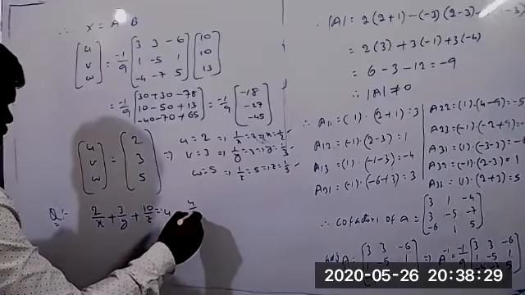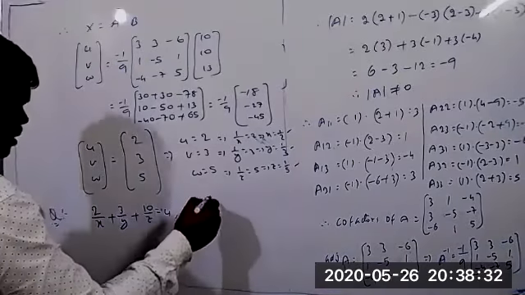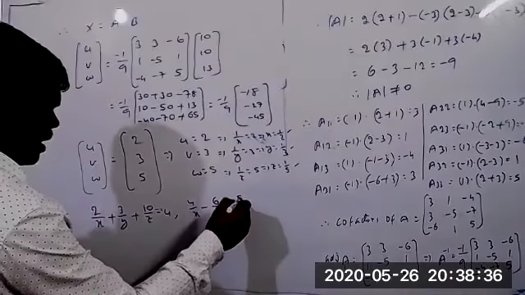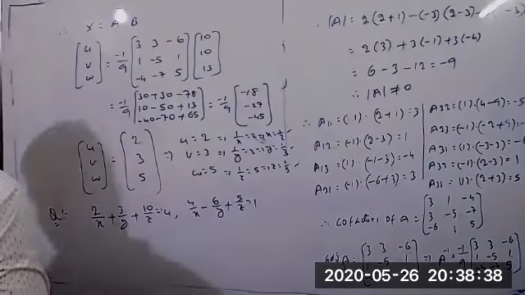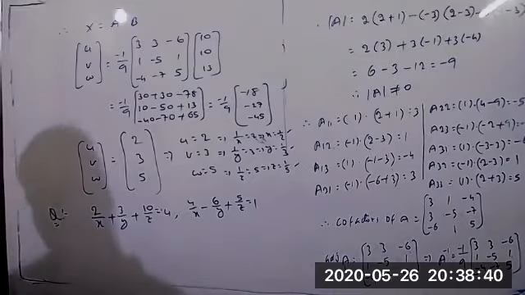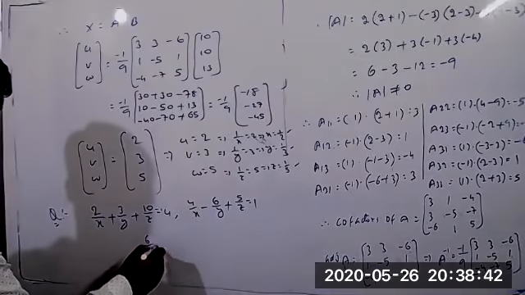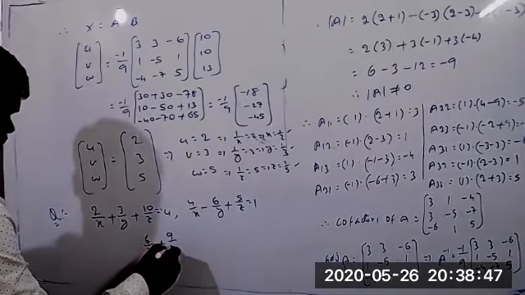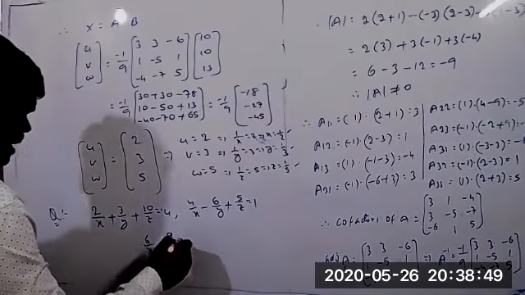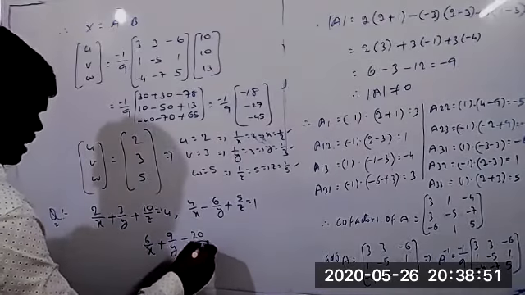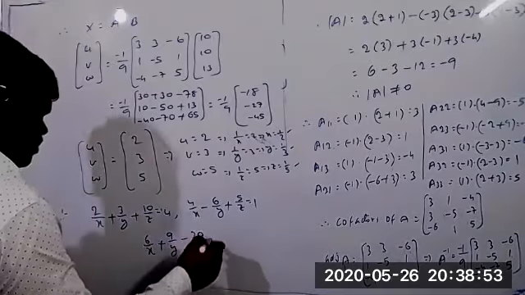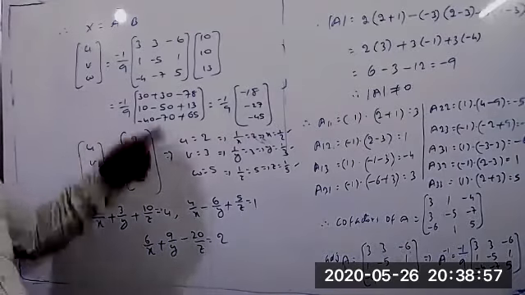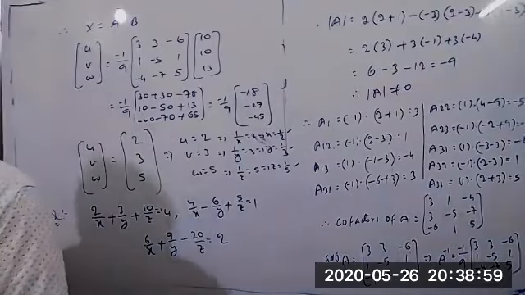Next, 4 by x minus 6 by y plus 5 by z equal to 1, second equation. Next, 6 by x plus 9 by y minus 20 by z equal to 2. Okay. This problem and the previous application, the 2 questions we can do as homework.